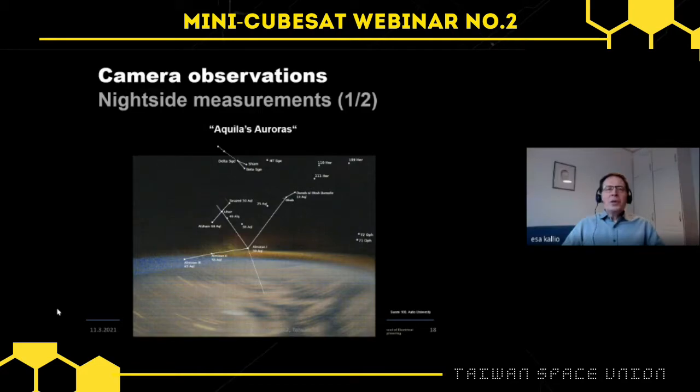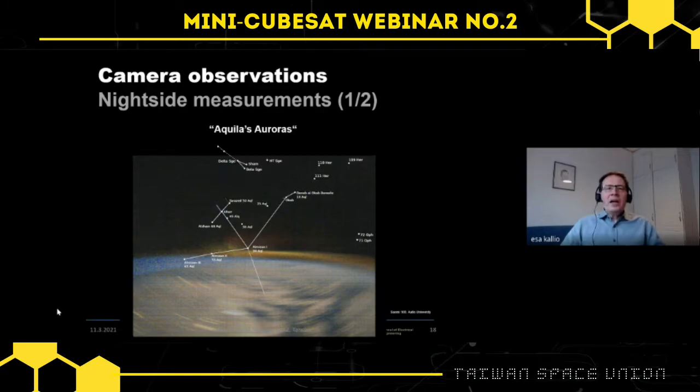Before the launch, we calibrated our camera in our laboratory by using monochromators, devices that send a specific, very narrow wavelength range.